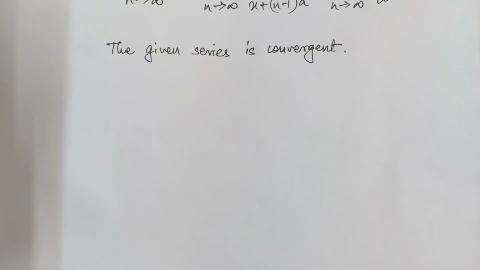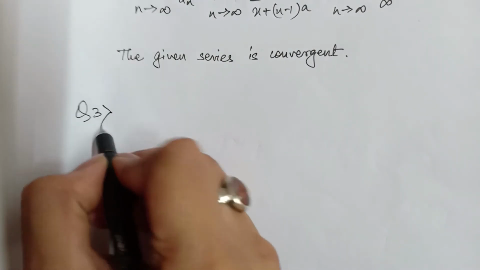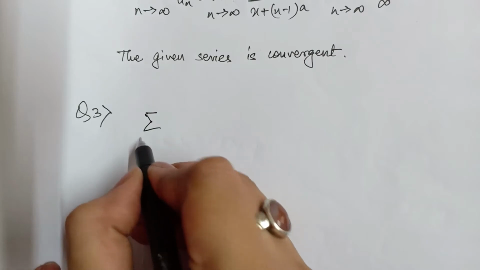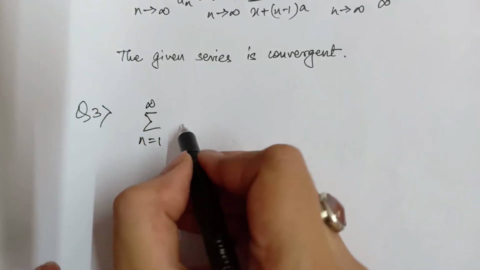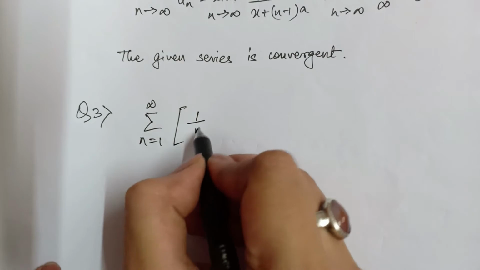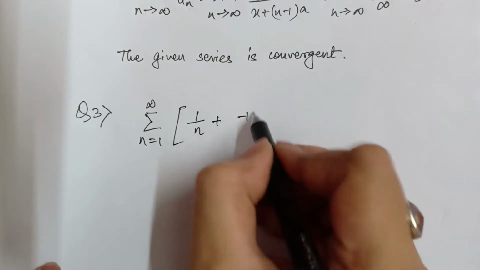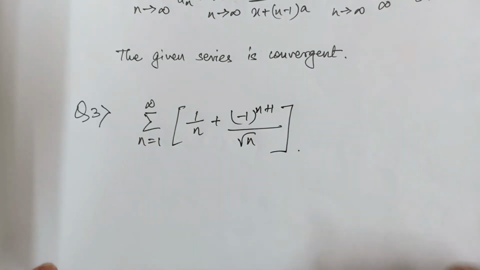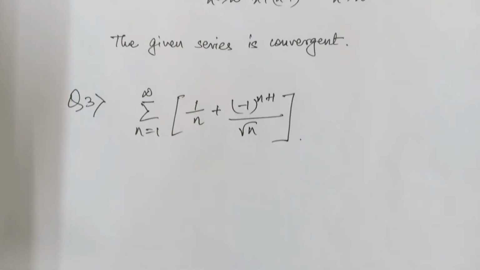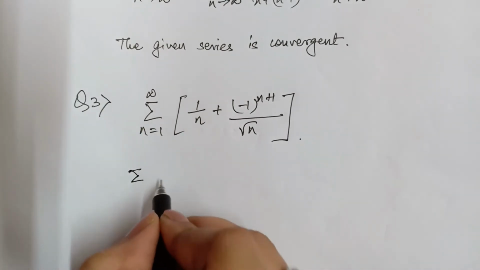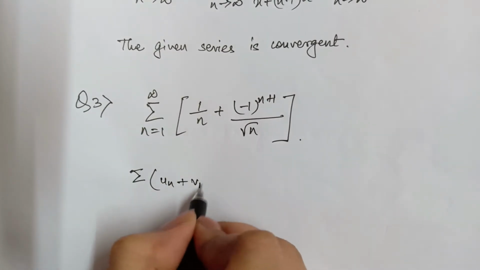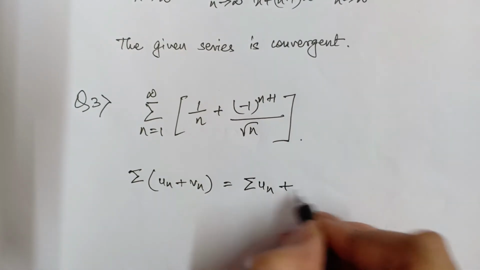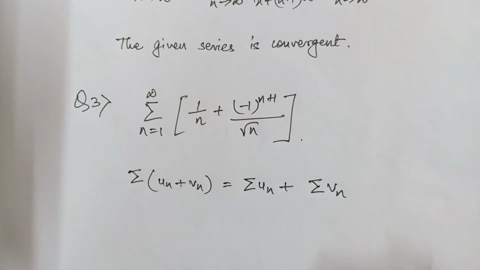And our third example is, we will check the convergence of the series summation n equals to 1 to infinity whole of 1 by n plus minus 1 to the power n plus 1 by root n. Now we already know that summation of un plus vn can be written as the summation of un plus the summation of vn.